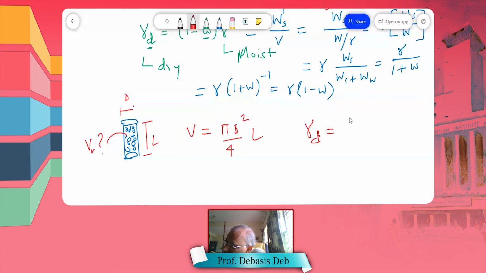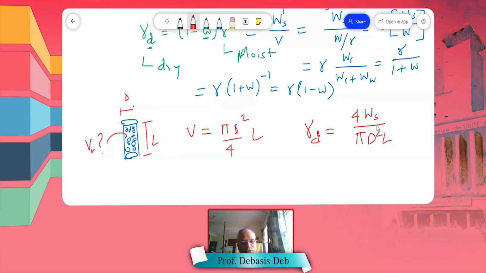So this will become 4 Ws by pi d square L. So this is what we call the bulk dry density. Okay, the sample is dry.